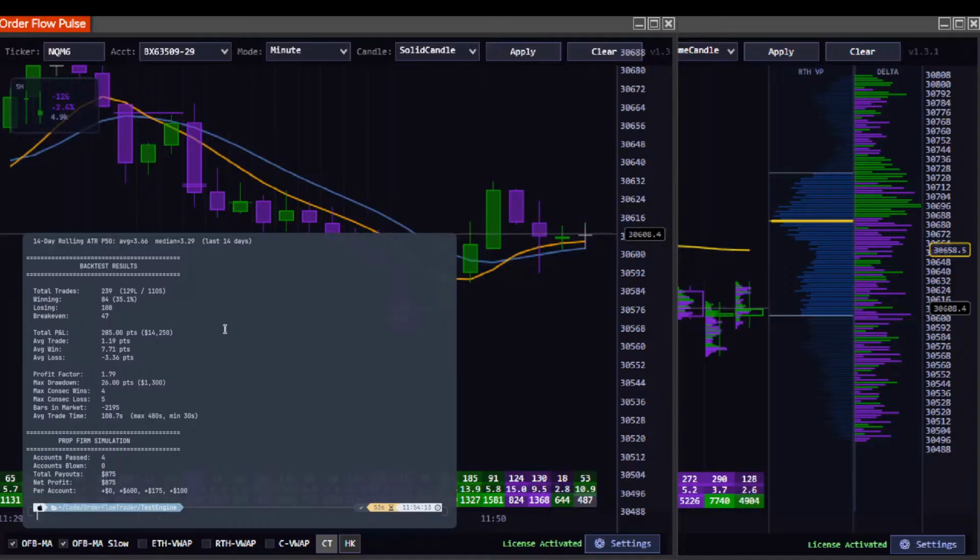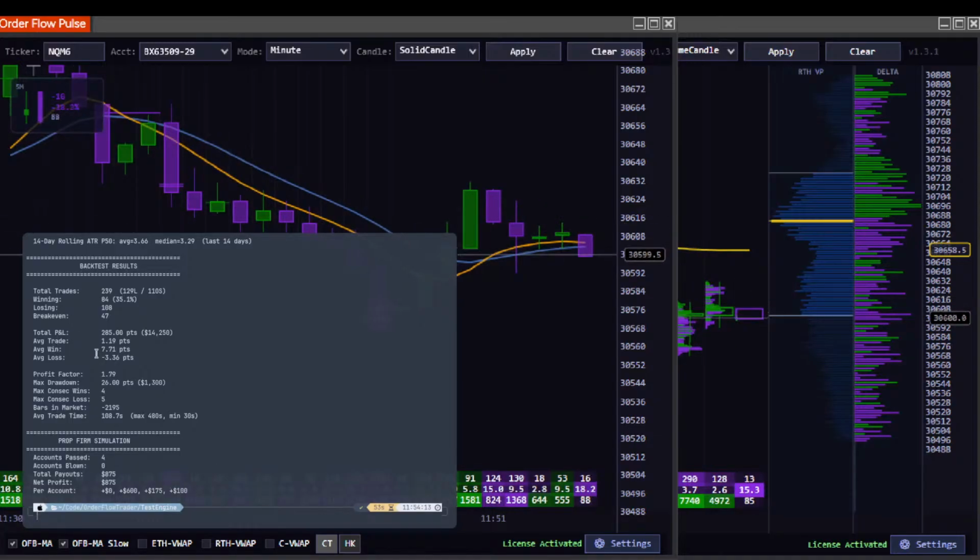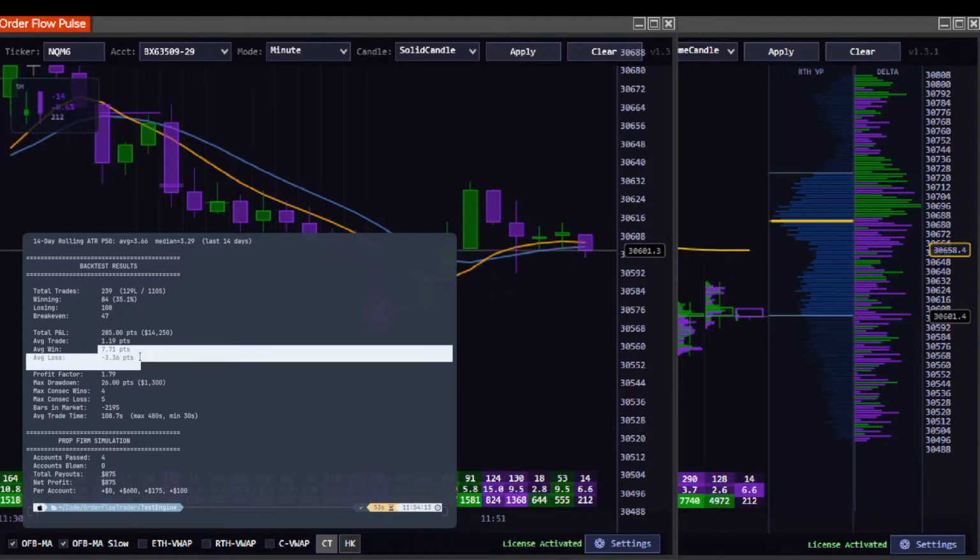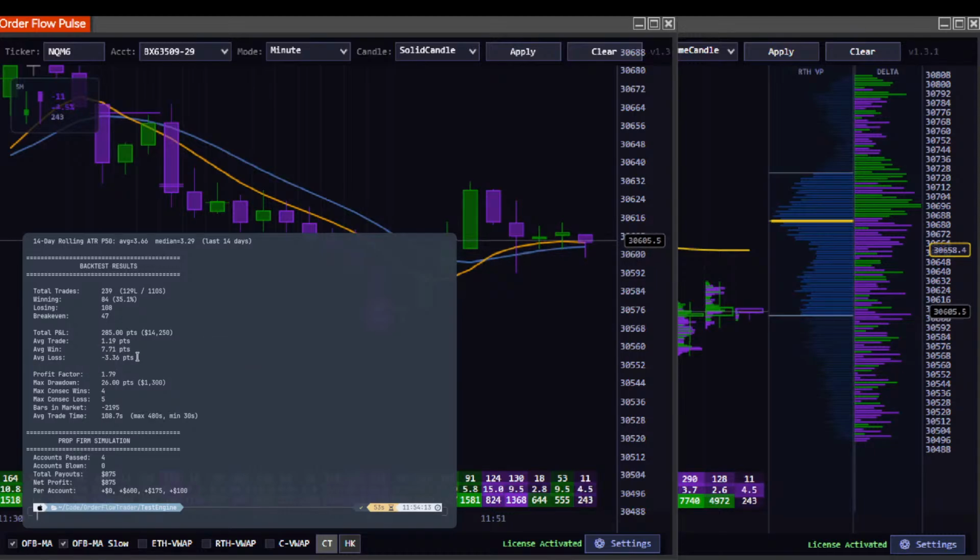Total trades 239. Average win is 7 3/4, and average loss is 3 1/4, so there's room to be had there. Profit factor 1.7. We got a drawdown of $1,300.